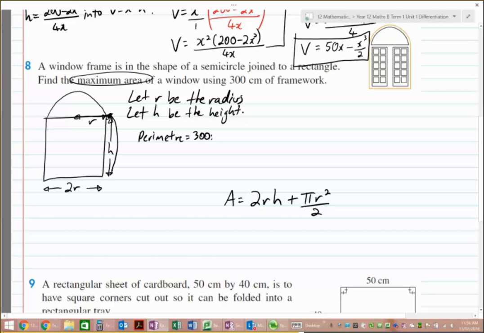So I've got H, and then I go 2R, and then I go H again, and then I go half of a circle. Circumference of the circle is 2 pi r. I can divide that through by 2.